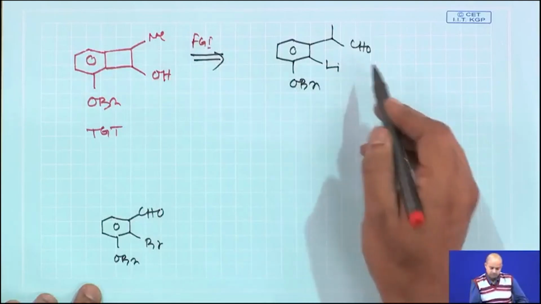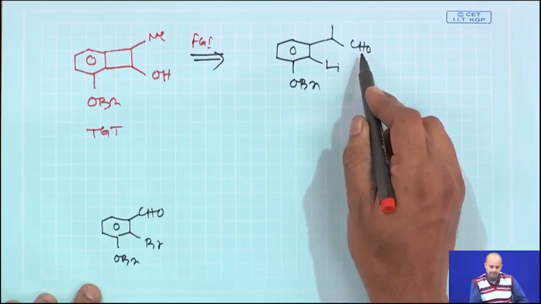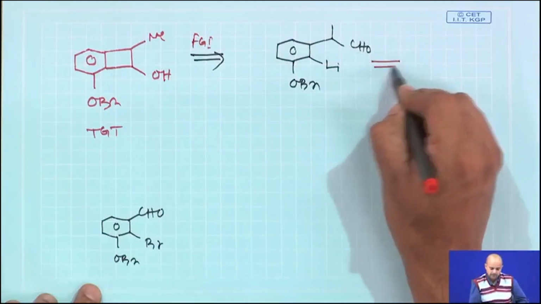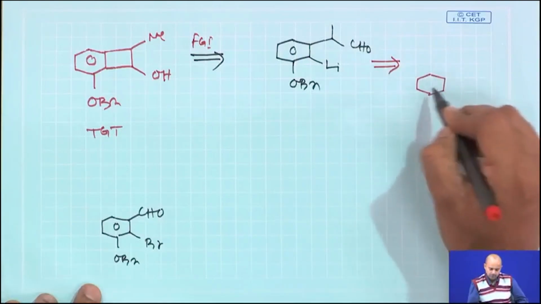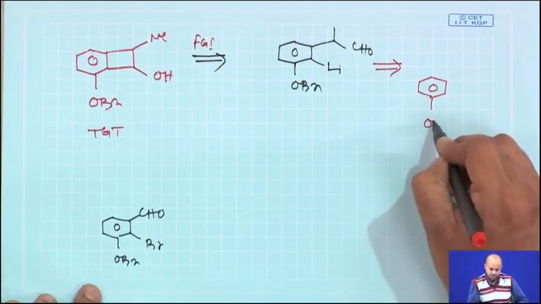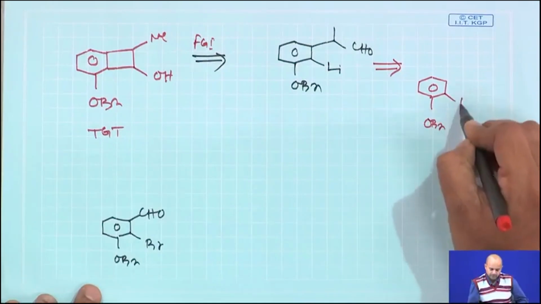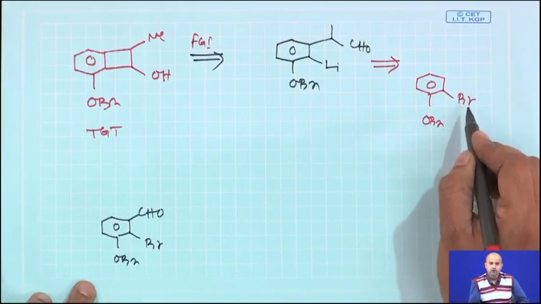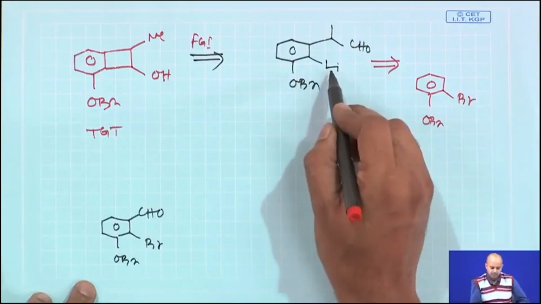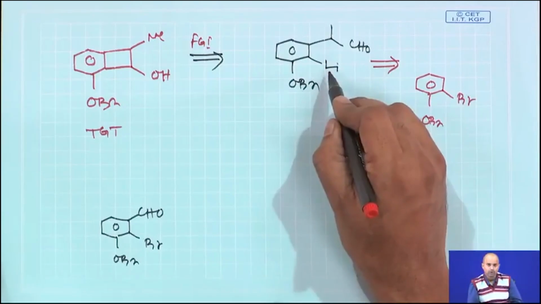Now, this aldehyde, now see how I am doing it. This lithium can be generated at a later stage with the exchange of butyl lithium or tert-butyl lithium to give you this organolithium species.